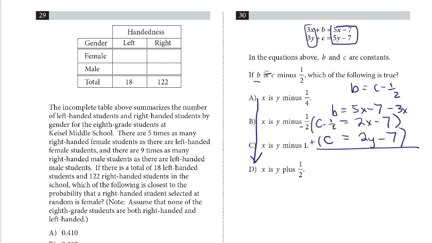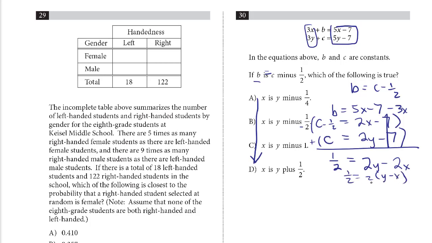C minus the half is going to give me plus 1/2. The c minus c cancels. The minus 7 minus 7 cancels out. And I get 2y minus 2x. Okay? So that's really 2 times y minus x equals 1/2.